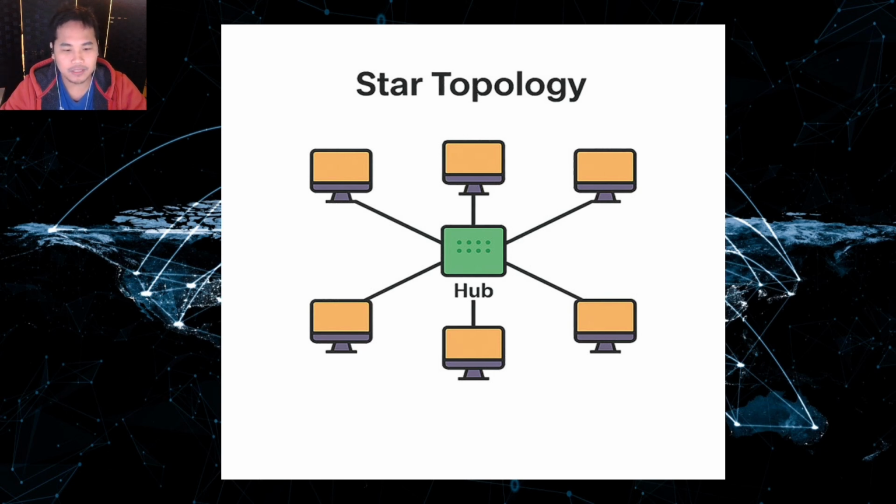The rest of the network stays up. Adding or removing devices is simple. Troubleshooting is straightforward. The downside is that the central switch is a single point of failure. If it dies, everything goes down. But switches are reliable, and you can add redundancy. Star topology, sometimes with multiple switches interconnected, is the foundation of modern Ethernet LANs.